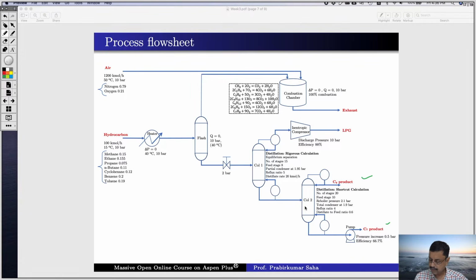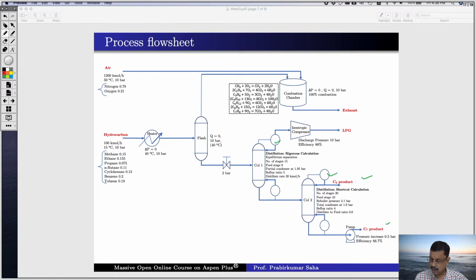And these are the condensers. You can notice that this is the partial condenser, so vapor distillate is coming over here, whereas this is a total condenser, so it is liquid distillate. So it is liquid C6 product. And here you find the C7 product, which is coming out through a pump.